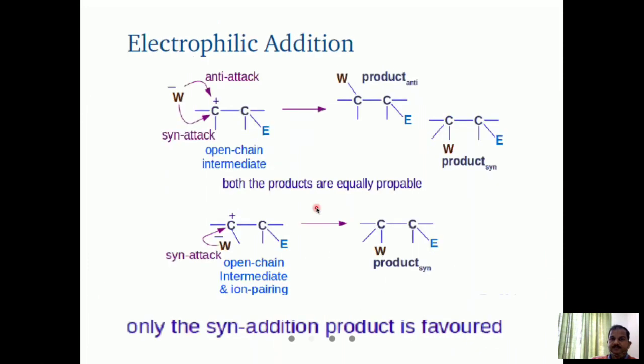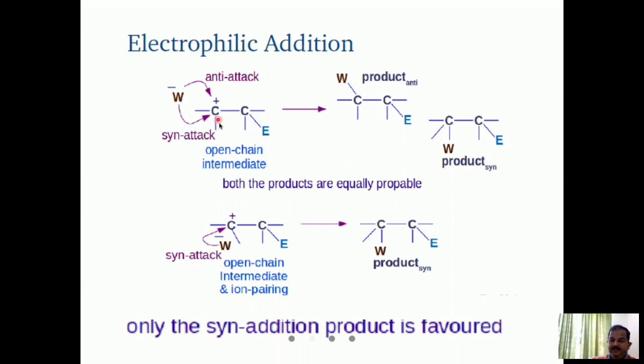How will this attack take place in an electrophilic addition reaction? This already makes a bond here. Then the nucleophile has two options. Either it can attack from this side, because this is a carbocation, which is planar in nature. So both planes are open for reaction, front side as well as back side.